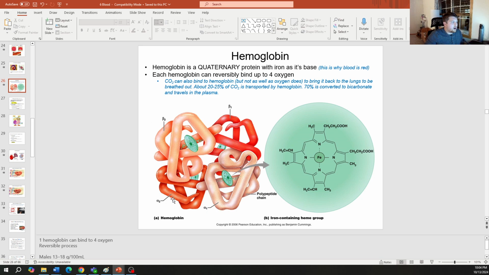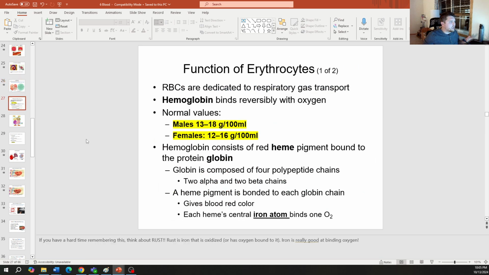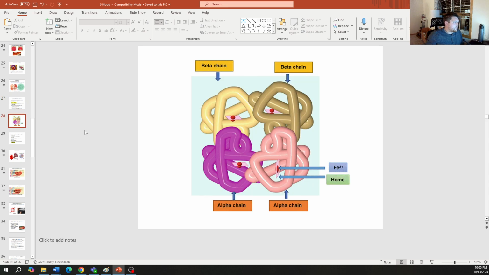The other 2 are alpha chains. Okay, so we have 2 beta parts, 2 alpha parts, and they come together. Don't give that too much thought. Just know there's 2 beta, 2 alpha. It loops back a little bit later, which is why we mentioned that. The beta chains and alpha chains all fit together with iron at their base.